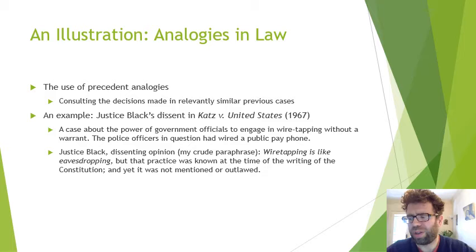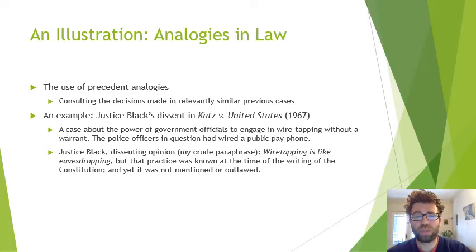The person they were wiretapping took them to court and said, you didn't have the right to wiretap this public payphone without a warrant. This went all the way to the Supreme Court, and it was a landmark case in the sphere of privacy law. Hugely relevant today, of course, for thinking about things like government surveillance of the internet.